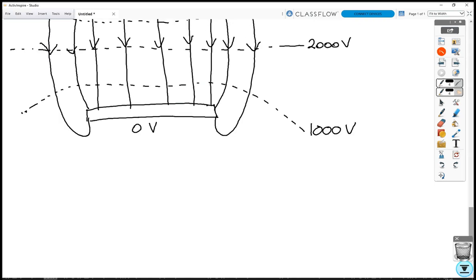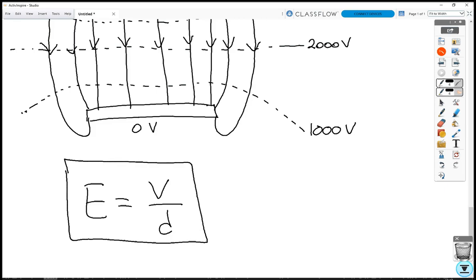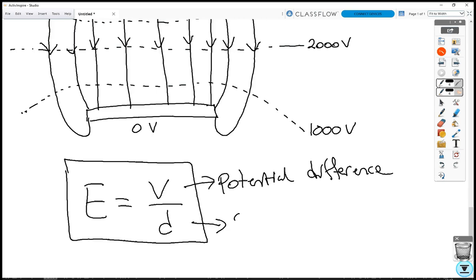And then the equation that's linking the field strength to the potential is E equals V over D. So V is the potential difference between plates, and D is the separation of the plates.